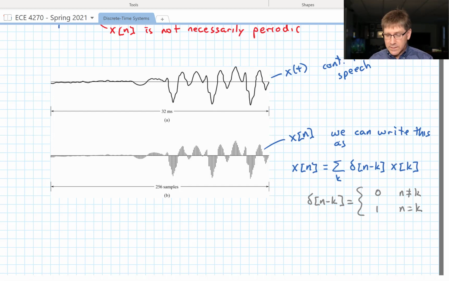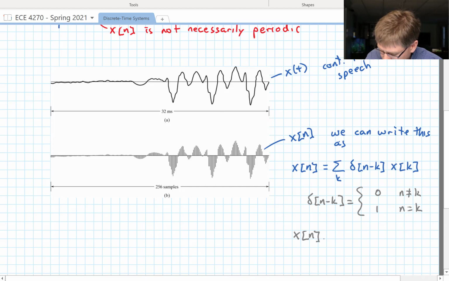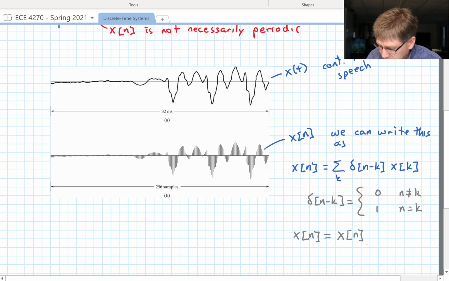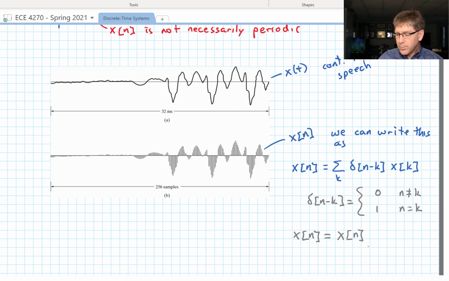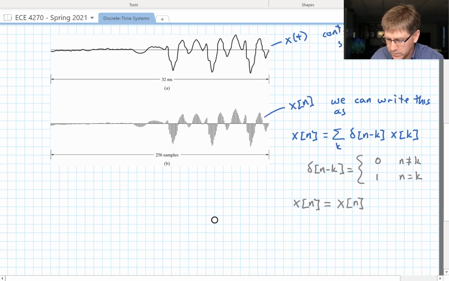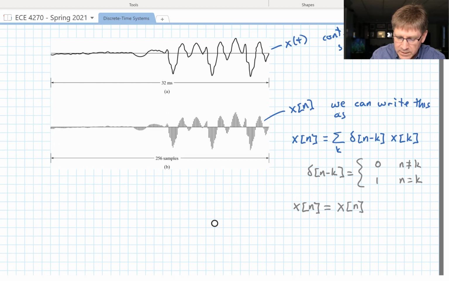So we can see that this function is almost trivially true. Since every value of x of k in the sum is being multiplied by 0 unless k is equal to n, we have essentially written down x of n is equal to x of n. So what use is the thing on the right? Well, we'll find out more what it's useful for next time, and it really is useful. But I want to show one other thing related to this and just what exactly is going on.